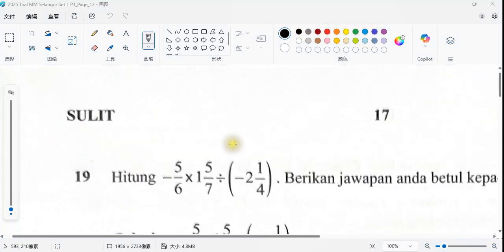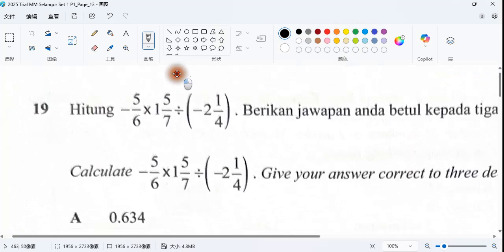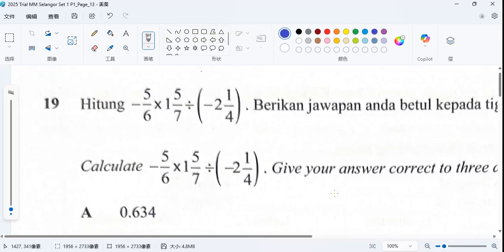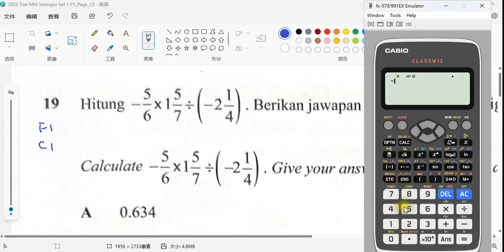Question number 19. So calculate this and give your answer correct to 3 decimal places. This one is from Form 1, Chapter 1. And then this one we can use a calculator to get the answer.